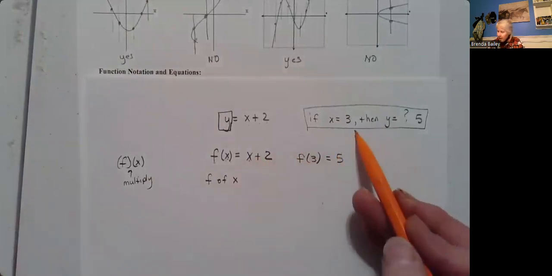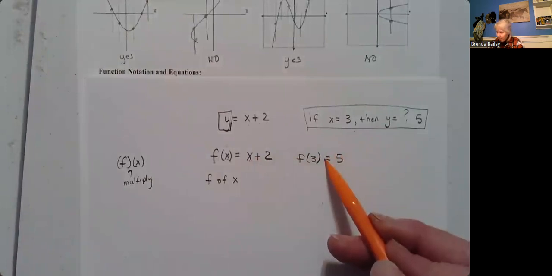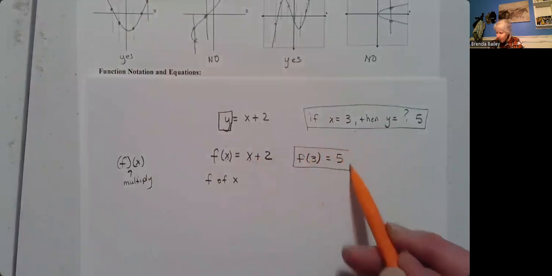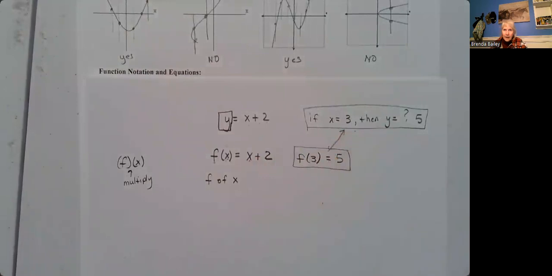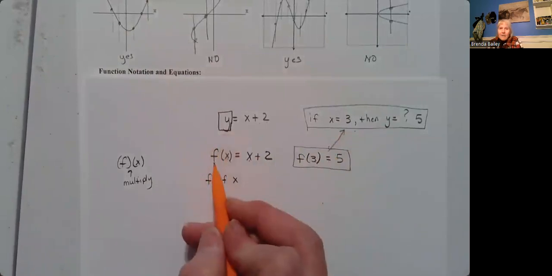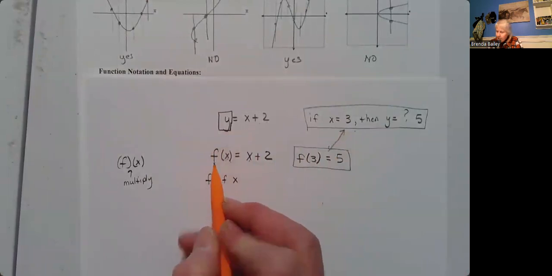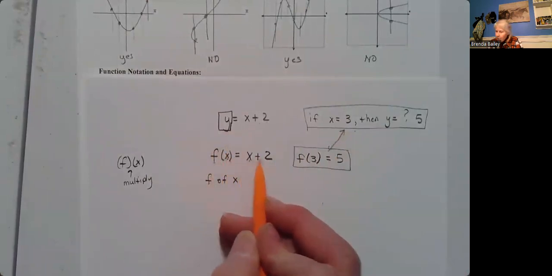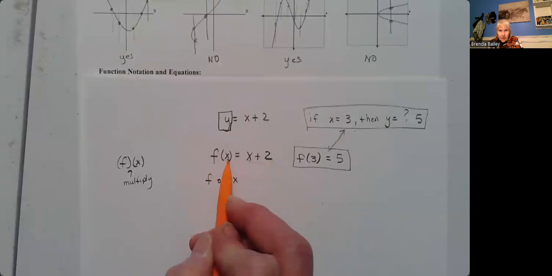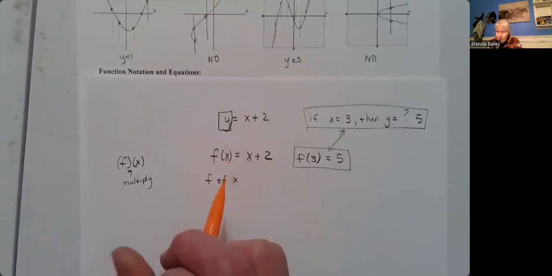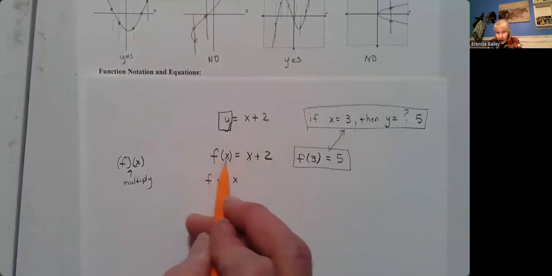So this and this mean the same thing. All righty, so let's kind of repeat that. This is read f of x. It tells you that over here on the right, we only have x's, is our only variable. We can have numbers, but no other variable other than x. We know that it's a function. All right, so we know it's a function in terms of x.